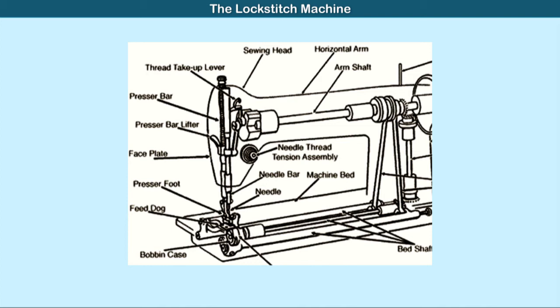The primary components concerned with the formation of the stitch are the needle, the feed dogs, throat plate, pressure foot, the rotary sewing hook, and bobbin and the bobbin case.